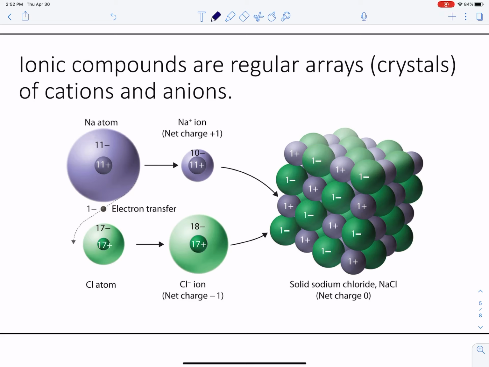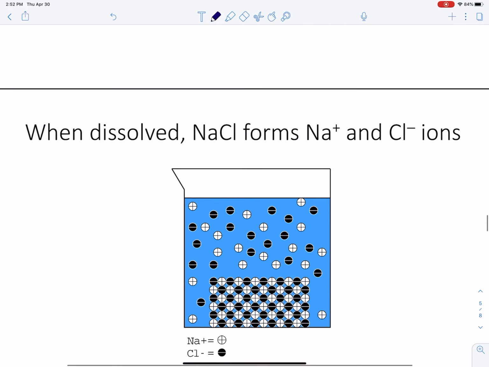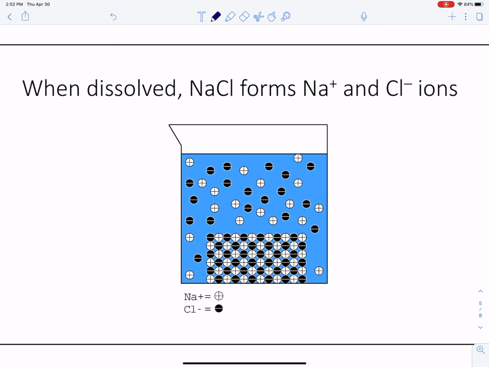And each chlorine is surrounded by 6 sodiums. So this allows us to balance out all the charges in a crystal structure. When we dissolve sodium chloride, it splits off into sodium ions and chlorine ions. So we kind of knock off one of these things and they hop into solution when you dissolve them.